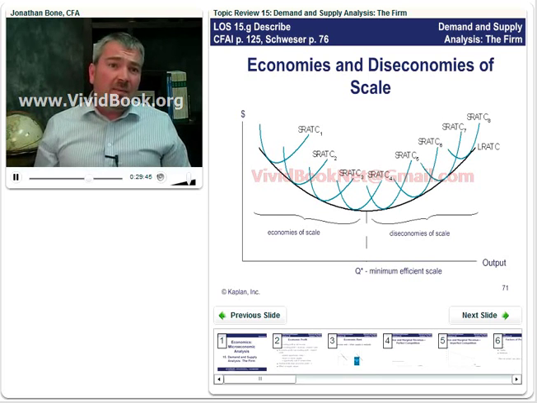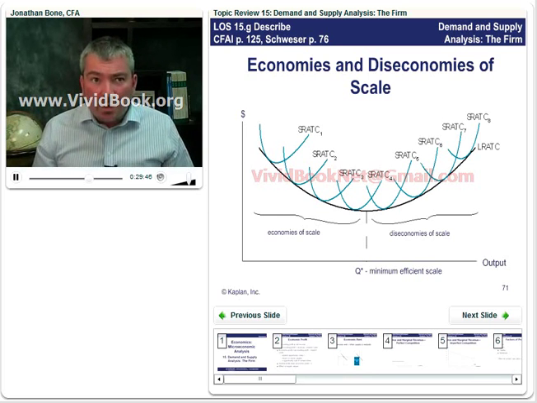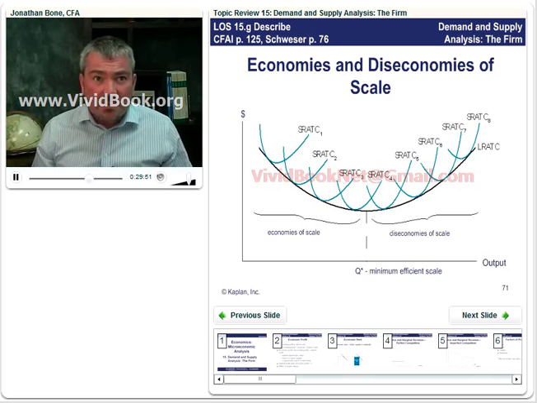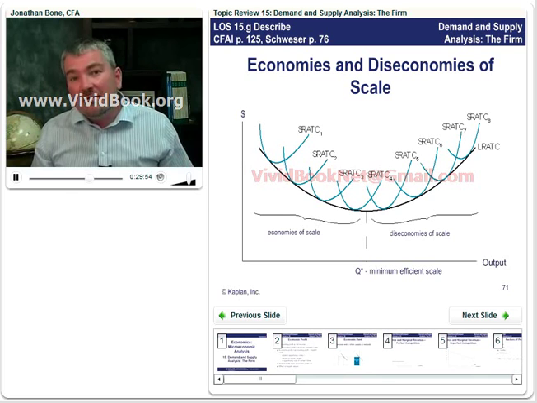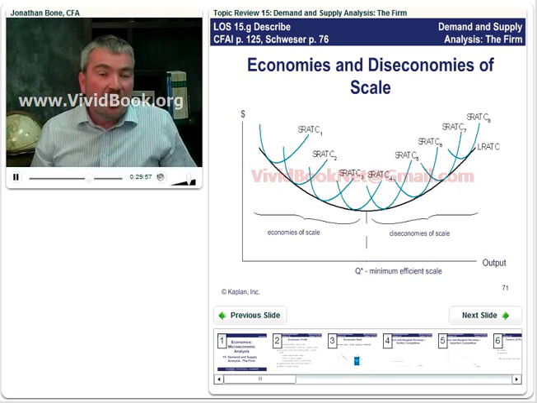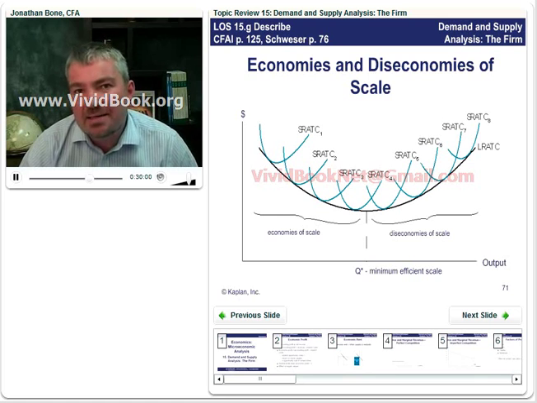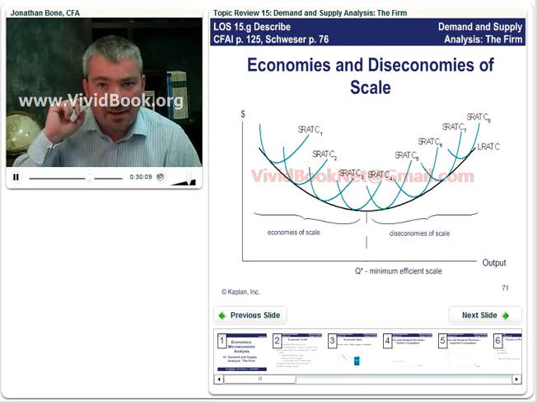Why do we get economies of scale? What are they? Well, they're the cost savings that we get from labour specialisation, from mass production, from investment in efficient technology, and from input and price discounts. And notice, therefore, as the firm expands, it starts to benefit from economies of scale, and therefore the long-run average total cost curve and the short-run average total cost curves are falling.